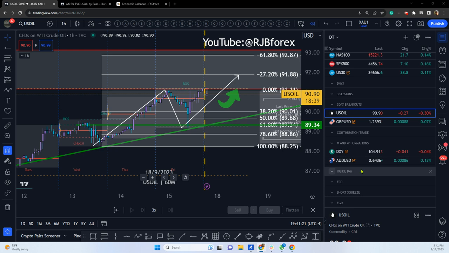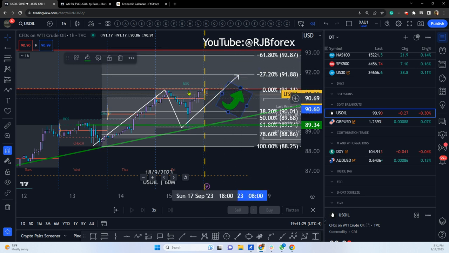Now, having said that, looking to buy dips in oil, I'd also be looking to fade rallies in and around up in here. So let's say we come down low and continue up, then I'll be looking to fade rallies. So it really depends on what happens over Asia and London and where we're set up for the US.